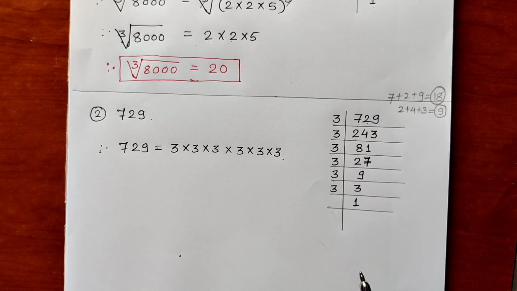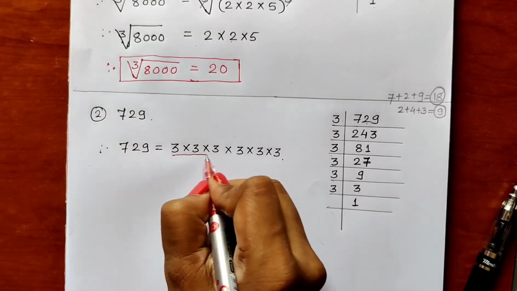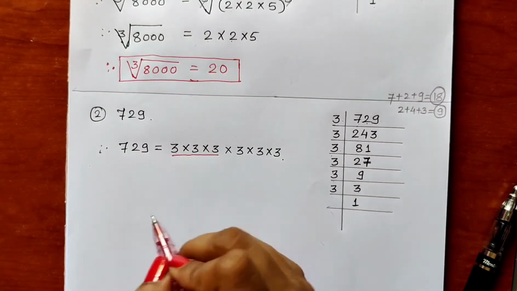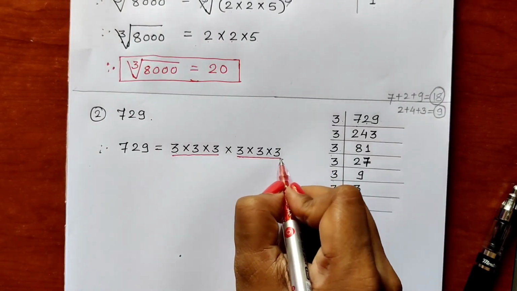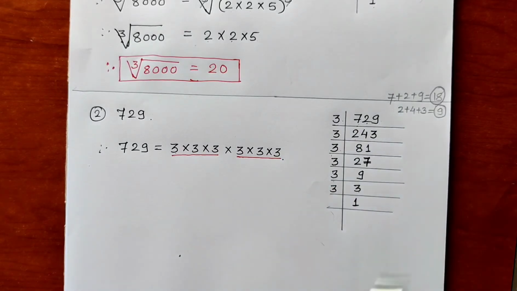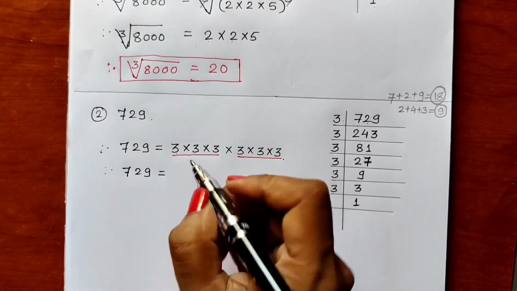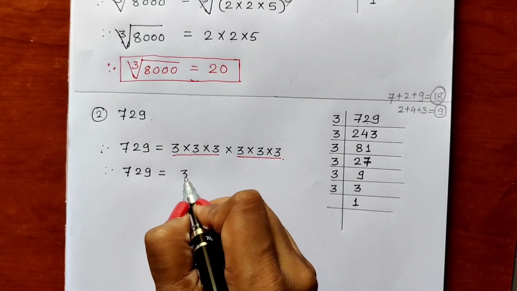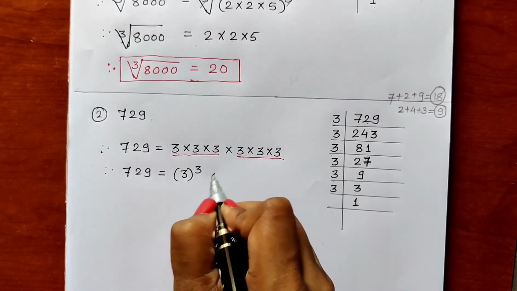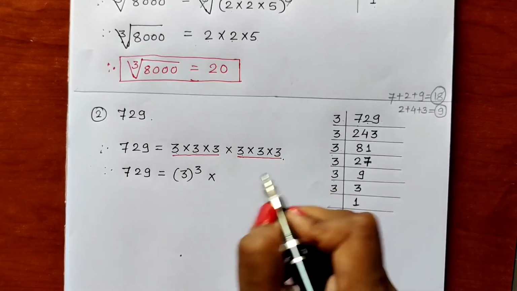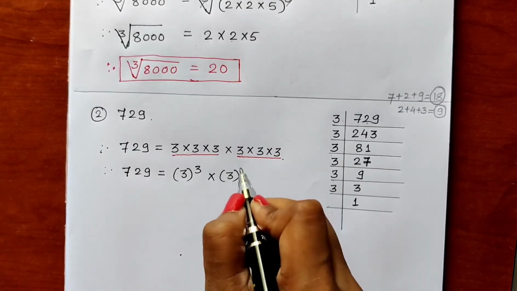We can see that there is one group of 3 where 3, 3, 3 are there, and another group of 3 is there. So it can be written as 729 is equal to 3 into 3 into 3 means 3 cube, multiply by again 3 into 3 into 3 means 3 cube.